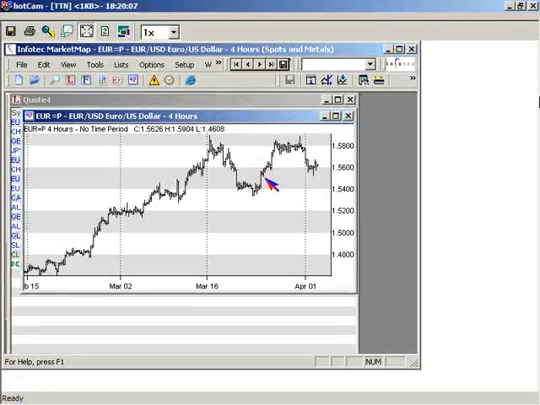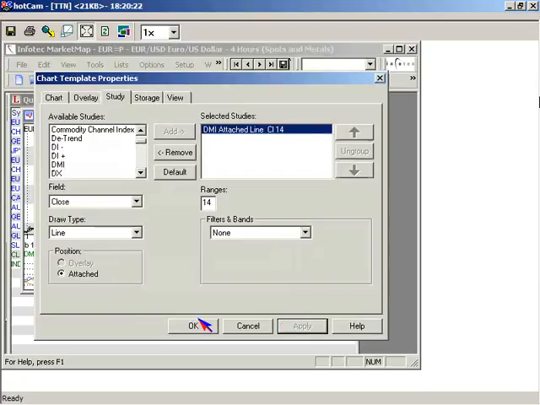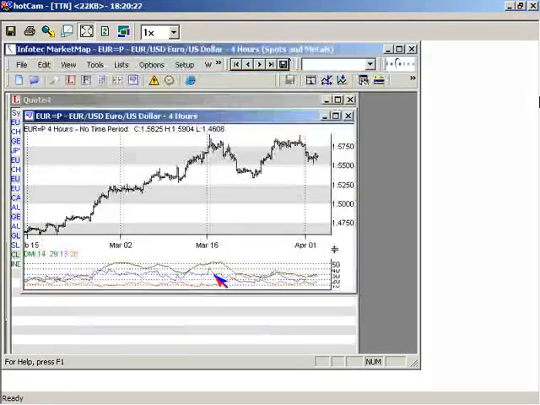If we look at the euro chart here, I'll put in a study. One of the trend following studies that I enjoy, that I think is well developed, is the directional moving indicator. I'll set that up right here. It doesn't just tell you the direction of the trend, but it works in terms of the strength of the trend.